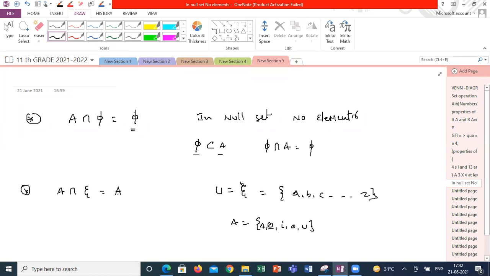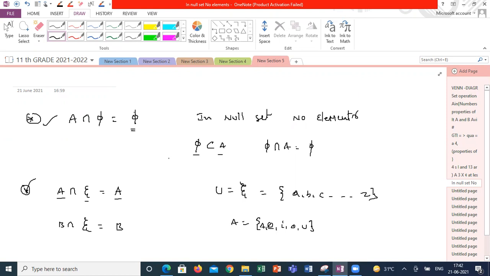A. How can I say this? Every set is a subset of the universal set, so the intersection is its subset only. Even B intersection its universal set is B only. So even the last two properties we can derive from it.